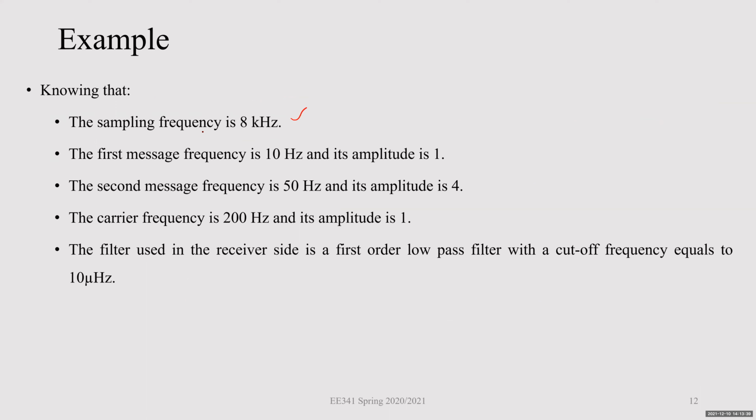This is for the sampling frequency fs, which is 8 kilohertz. Frequency of first message is 10 hertz, amplitude 1, frequency of second message is 50, amplitude is 4, and then frequency of the carrier is 200 and amplitude is 1. Then for the filter, Butterworth filter, my filter is a low pass filter.